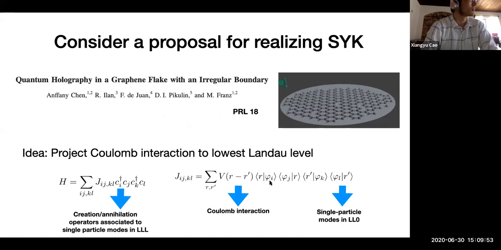I don't know about the specifics of the experimental setup. Maybe disorder is harder to realize. I'm not sure. That's their proposal. So they realize randomness by an irregular boundary. I guess you can do that in other ways, but I don't comment on that.